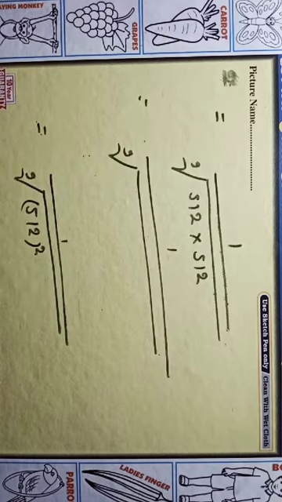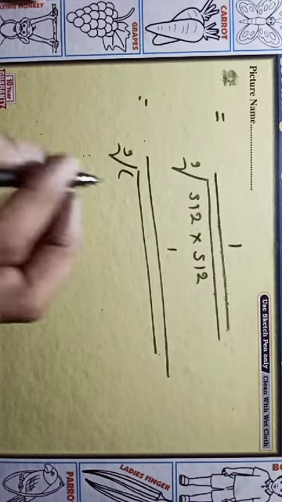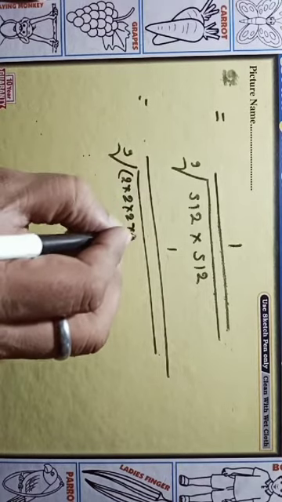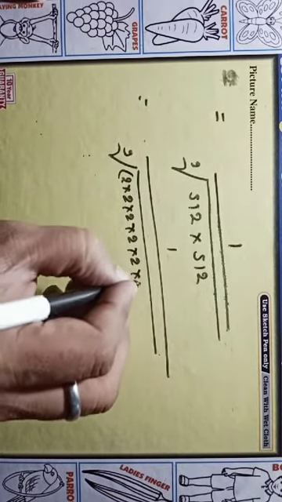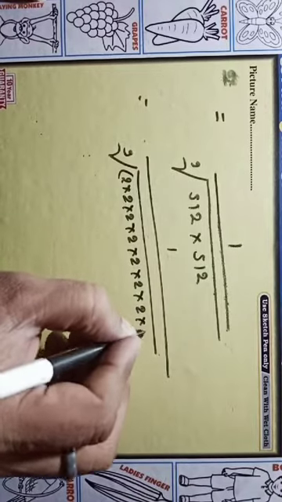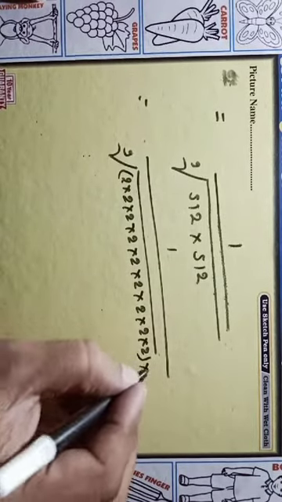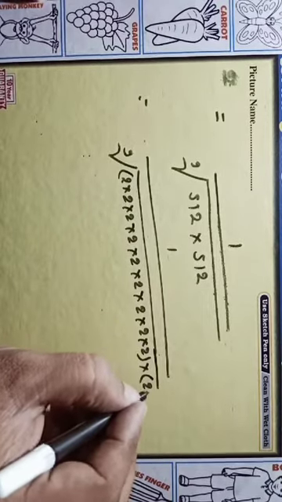Now write the prime factorization of 512. This value becomes 2 into 2, nine times, and now again nine times.